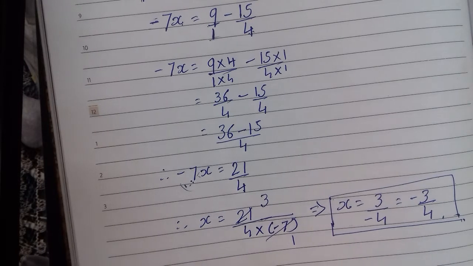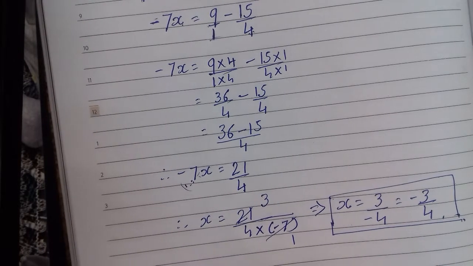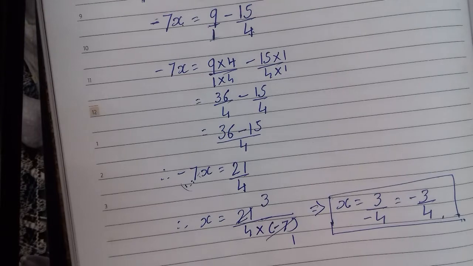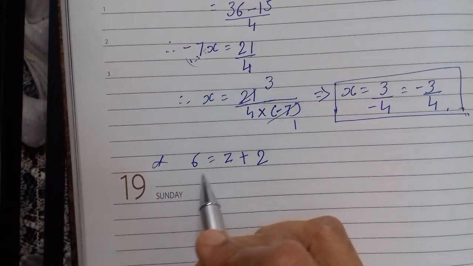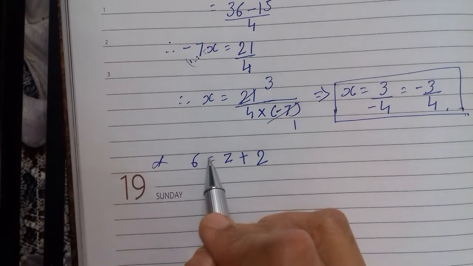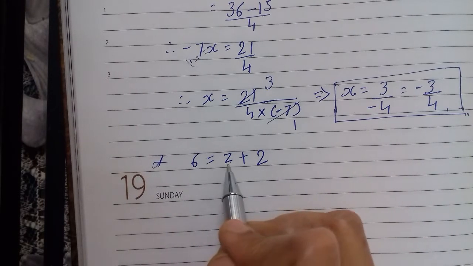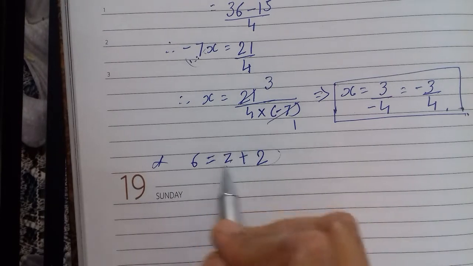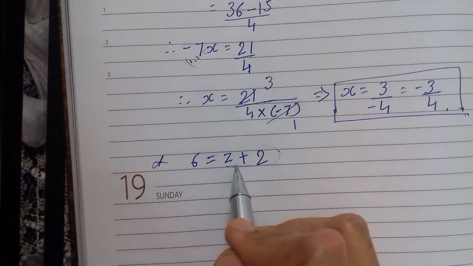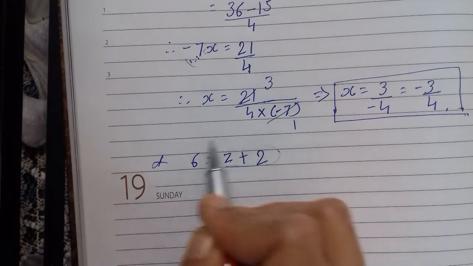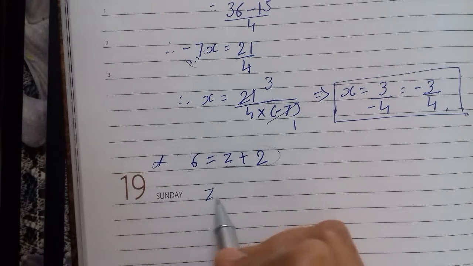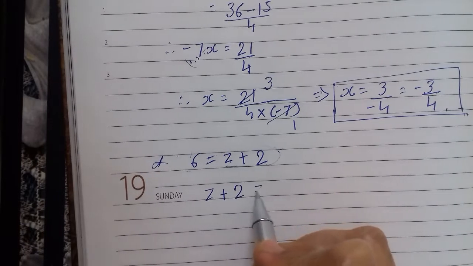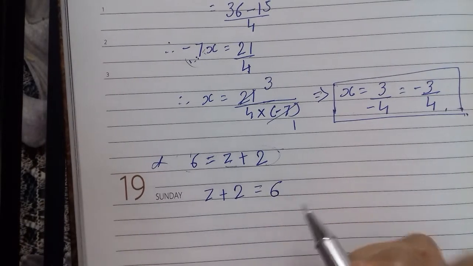One more example. 6 is equal to z plus 2. Here you can do it by two methods. First, you can transfer this RHS to LHS and the whole LHS to RHS. That means z plus 2 is equal to 6.